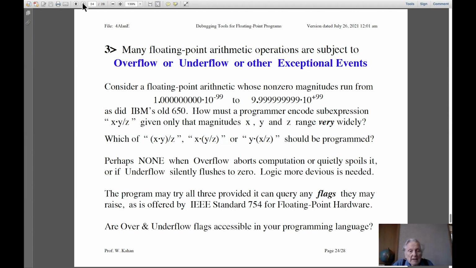But if you weren't allowed to do that, if you couldn't test to see if overflow or underflow has happened, but rather overflow just simply stopped the computation, well then, how would you compute this thing, assuming that it does deserve to be computed correctly, but if you get an overflow on the way, it'll stop the computer?